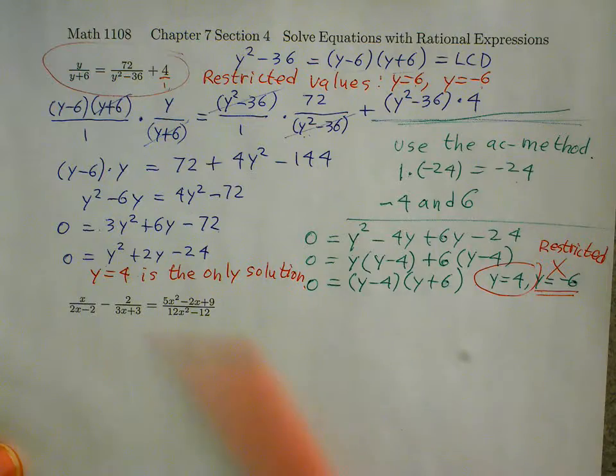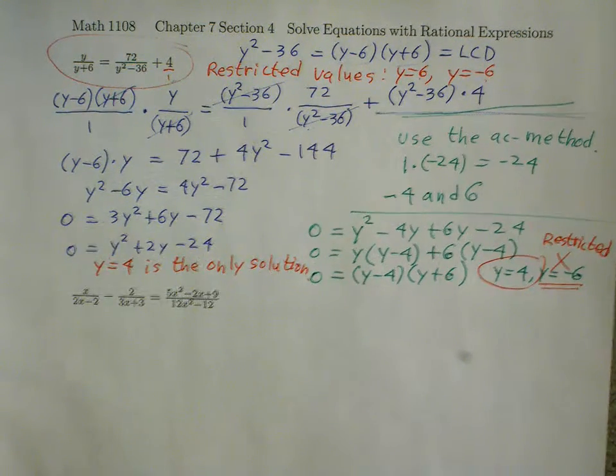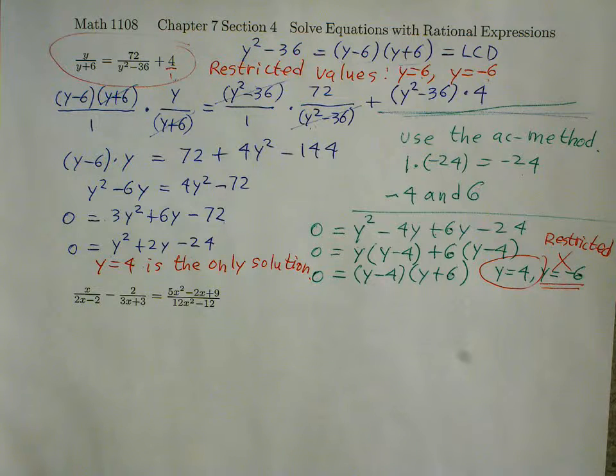Okay, the next one, x over 2x minus 2 minus 2 over 3x plus 3 equals 5x squared minus 2x plus 9 over 12x squared minus 12.